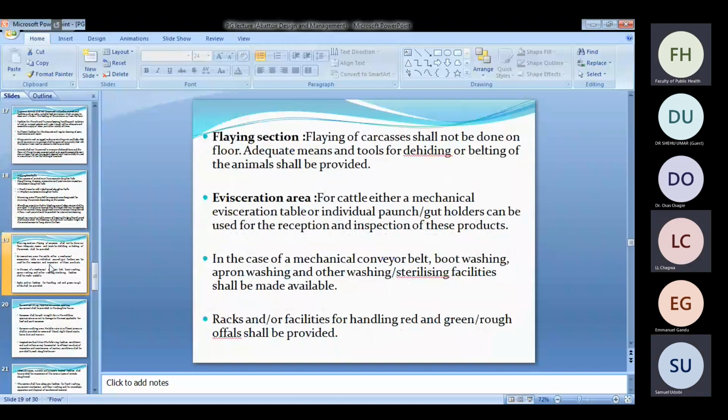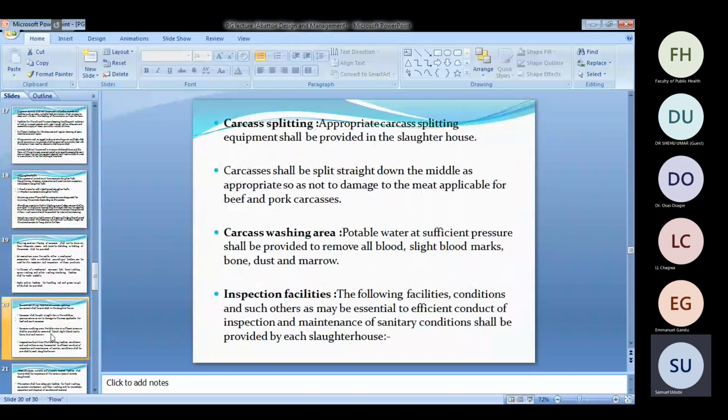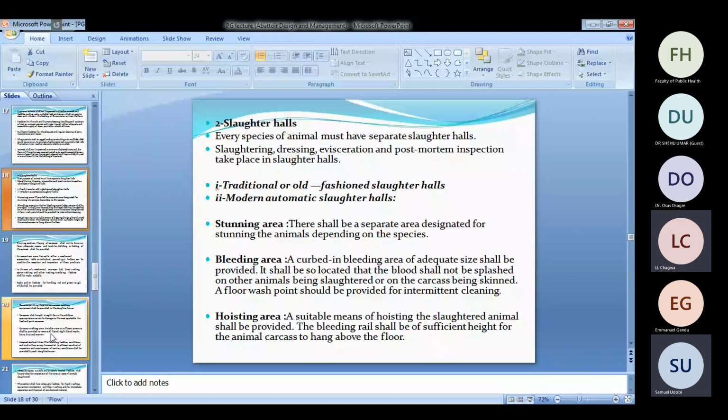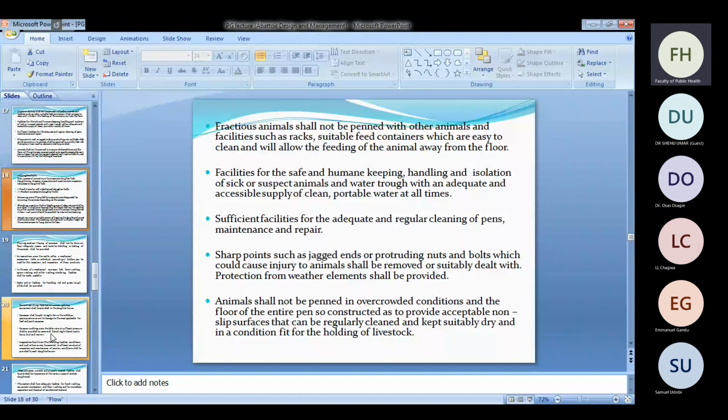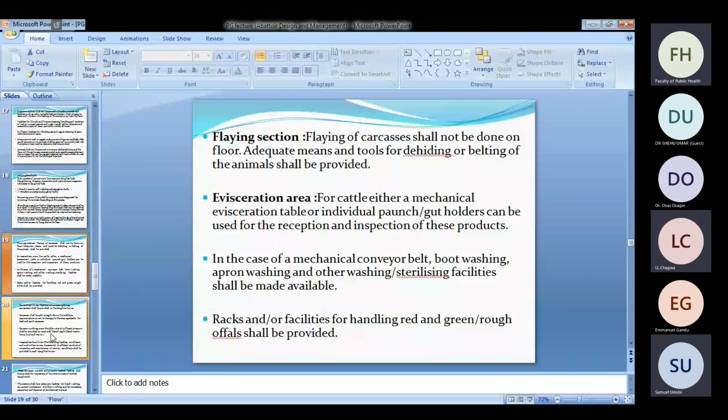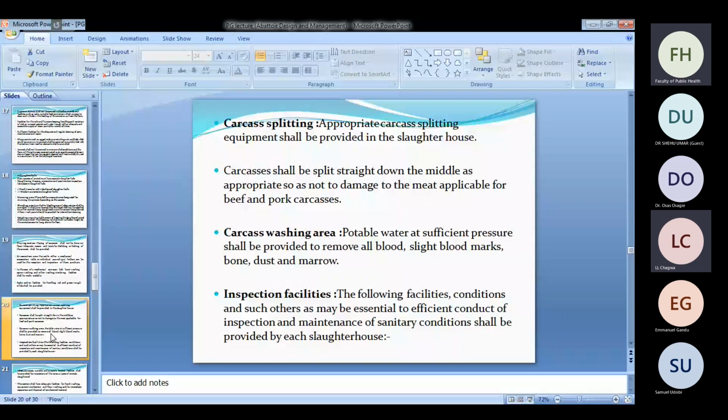Mine is showing me slaughterhouse. It should be the network; your phone is hanging. Now playing slaughterhouse section. So we are on this slide, the carcass washing area. Are we together? Mine is still hanging. No problem, carry on.